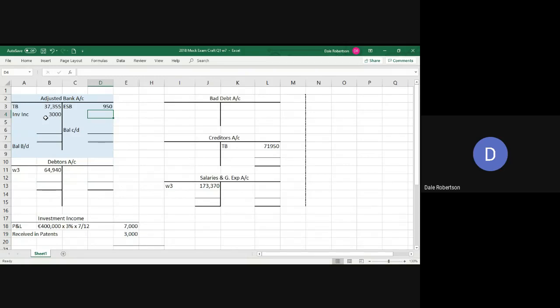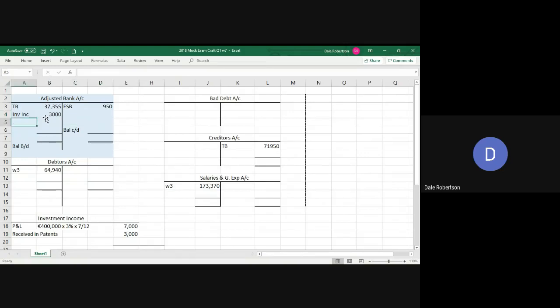Number 4, a payment from a liquidator was received directly into the bank. This represents the first and final payment of 20 cents in the euro in respect of a debt of 17,500. Now, the term liquidator is slightly new to us, but that is a debtor who owed us 17,500 has gone bankrupt.